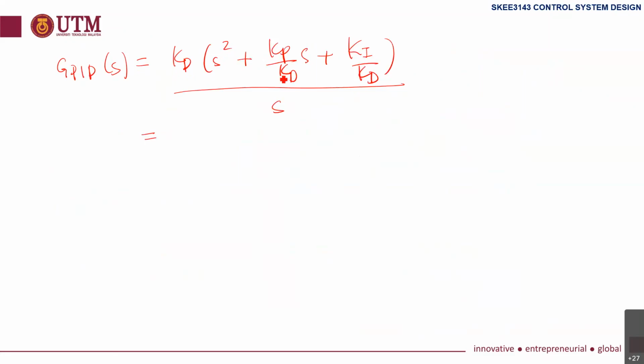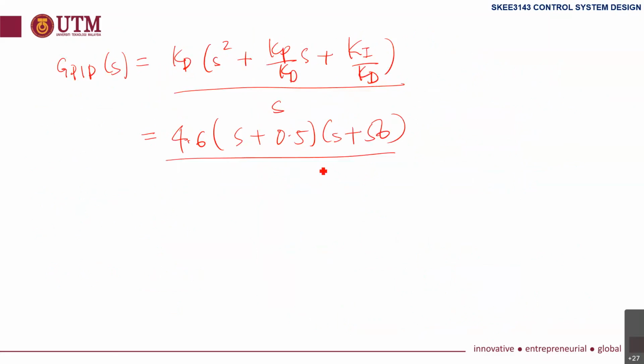Okay, we also get 4.6 over S. Then here is 4.6 S squared plus 56.05 S plus 28 over S.